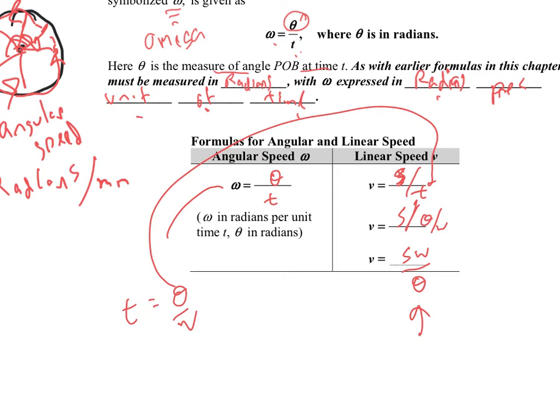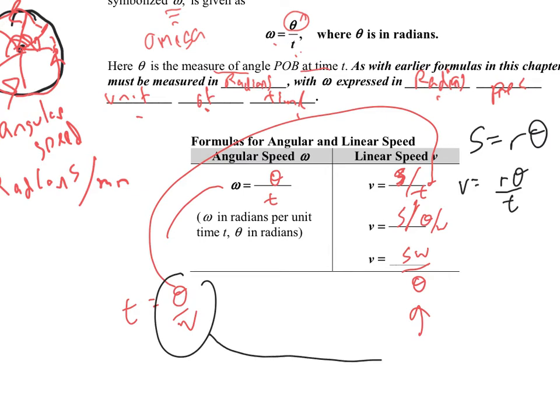We did have another formula at the beginning. From a previous lesson, S is R theta. So velocity could also be R theta over time. And the time I have here can be plugged in now.